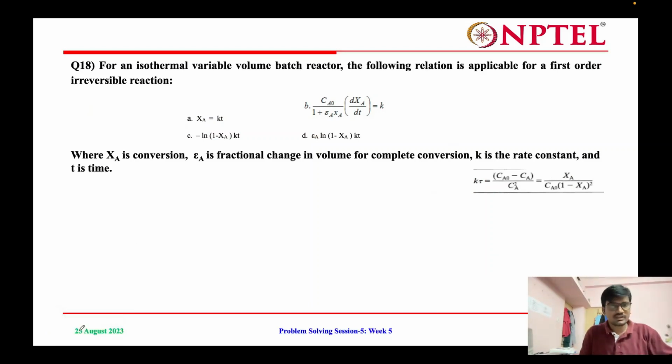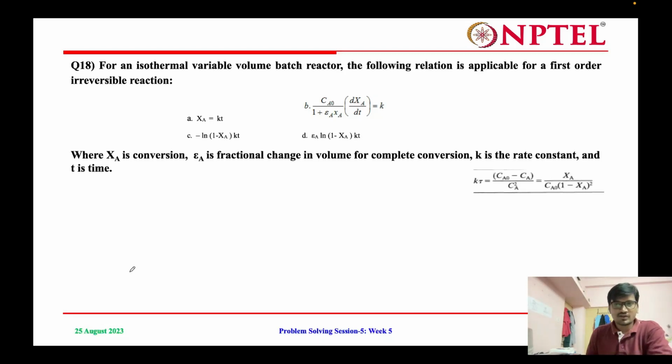So moving to the last question of this session. For an isothermal variable volume batch reactor, the following relation is applicable for the first order irreversible reaction, where X is a conversion, epsilon is the fractional change in volume for the complete conversion, K is the rate constant and t is the time.